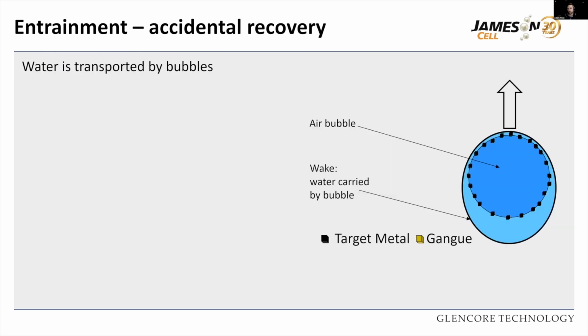So now just having a look at entrainment within, I suppose, any flotation system. And then I'll discuss how the Jameson Cell is effective in reducing the amount of entrainment you see to your concentrate.